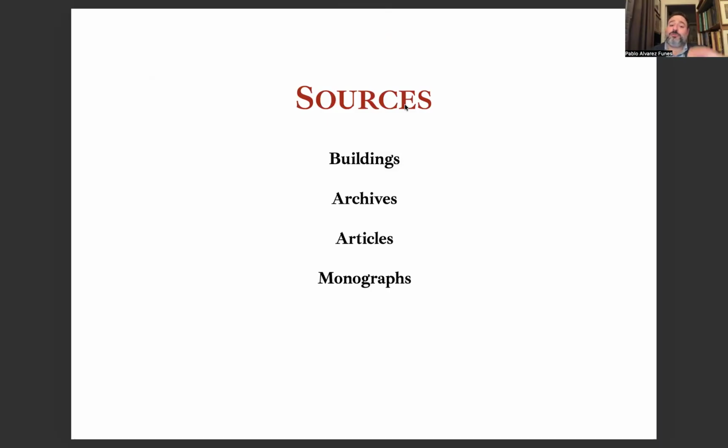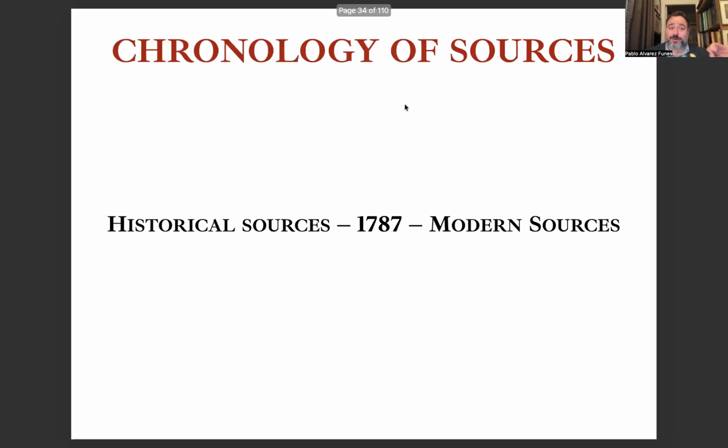So we have our sources: building, archives, articles, and monographs. Now let's talk about the chronology of those sources. This is an informal classification that they do on the chronology of the sources: the historical sources are more empirical. They are basically gathering empirical knowledge. We have a date, 1787, and then we have what they call the modern sources that gather scientific knowledge.